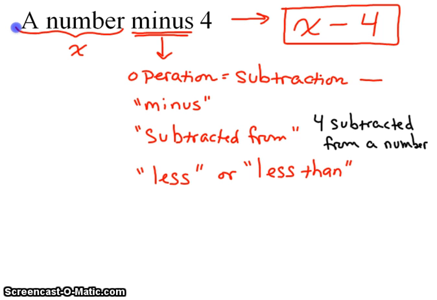That would also produce x minus 4, because you are taking 4 away from the number x. But look at the order: the 4 comes first in 4 subtracted from a number, while in a number minus 4 the x comes first. They produce the same thing, but you really have to pay attention to the order.